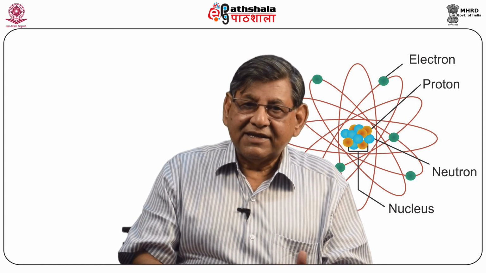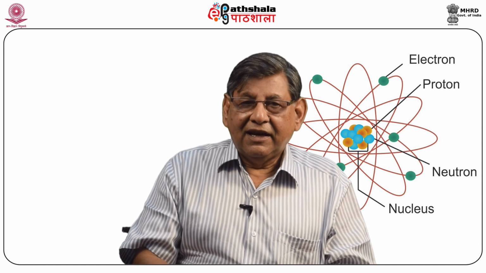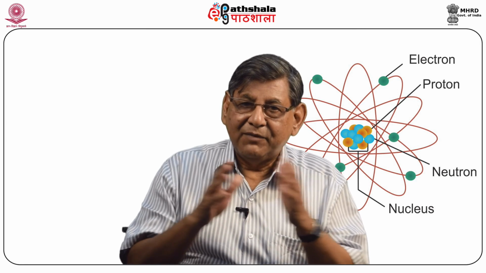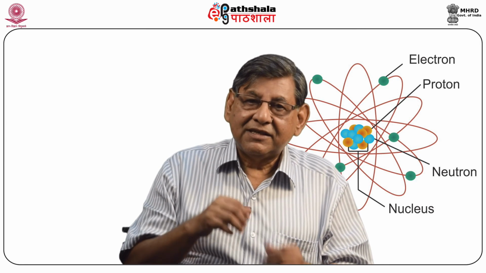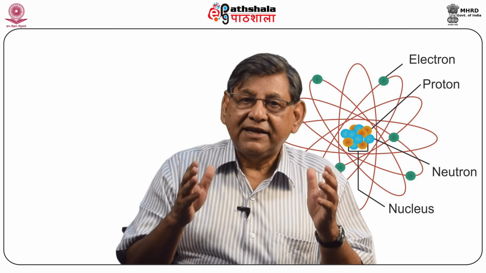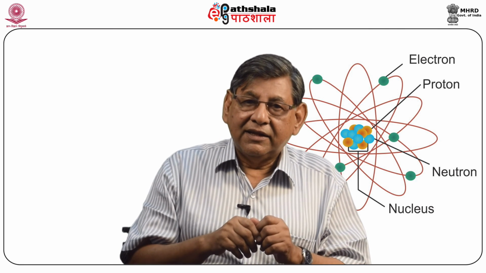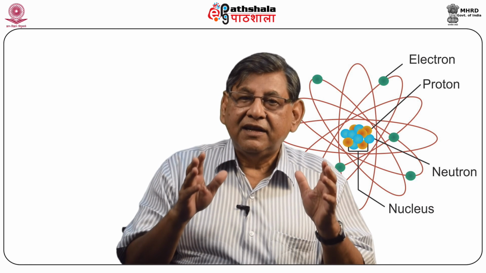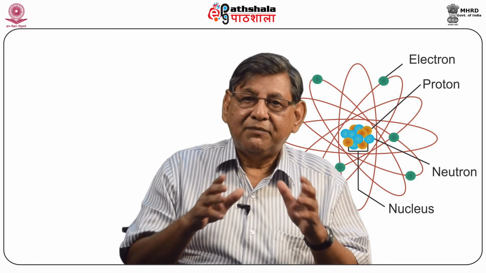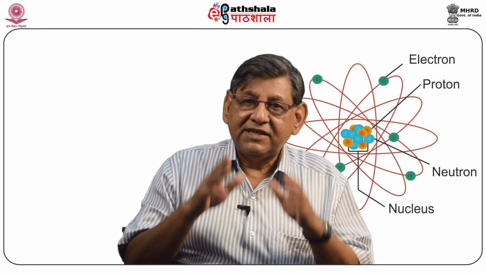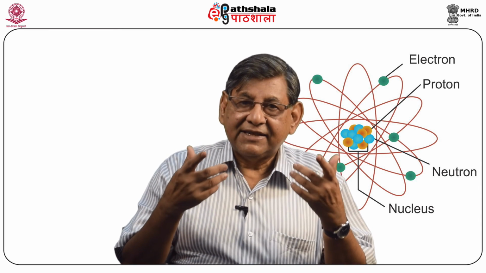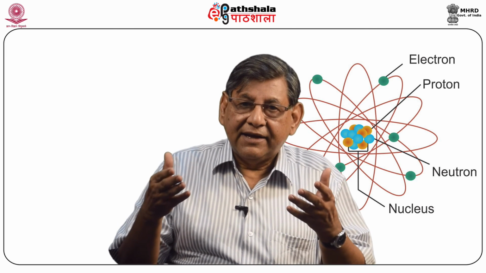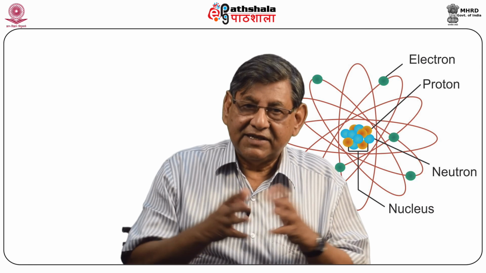So that is purely classical, and with that, Bohr added a very fundamental postulate, that in any given orbit, the angular momentum of the electron must be an integral multiple of Planck's constant divided by 2π. So this is exactly where quantum mechanics comes in, and this leads to the discrete energy levels of the atom, as we have seen.